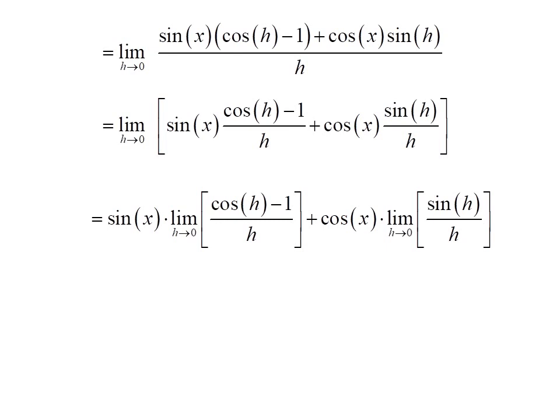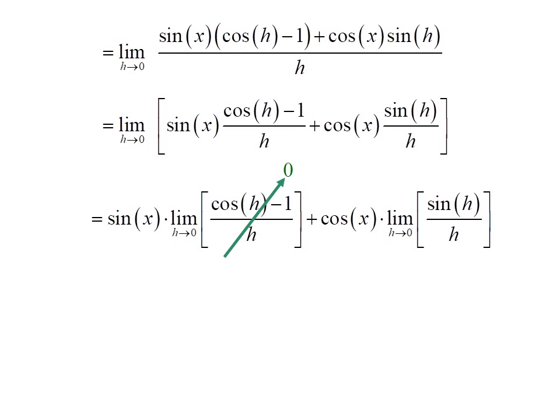We separate out those limits and get sine x times the limit as h goes to 0 of cosine h minus 1 over h, plus cosine x times the limit as h goes to 0 of sine h over h.